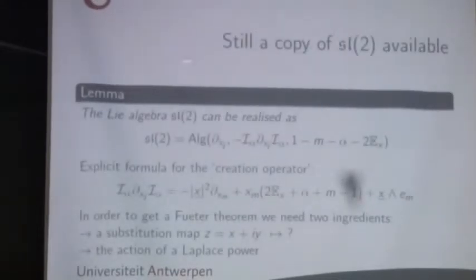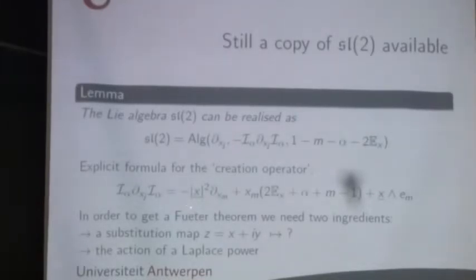Why is that? I still have a copy of SL2. Similarly as in the previous slides, I can make SL2 with a translation, a kind of transversion, although it's not a transversion in the classical sense anymore, and then the commutator H. Now this operator, this difficult combination, the transversion so to say, has an explicit form which I wrote down here.